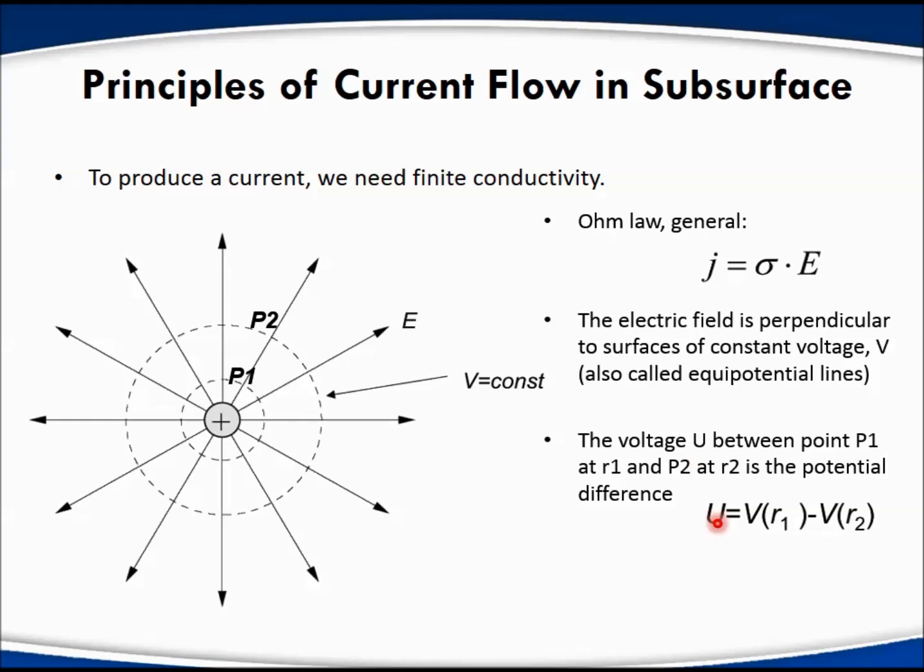The voltage U here can be measured between the potential difference of point P1 at this small radius from the center, and point P2 at the next radius after the current density expands. So in full, current density is equal to the current over the area of a sphere for this case, because the current density propagates in a spherical way, like the seismic wave, meaning that as the radius increases, the current density will decrease as it expands.